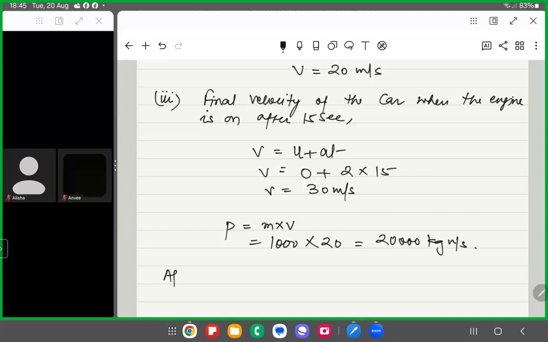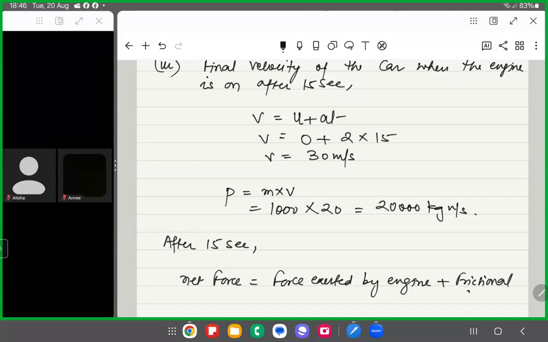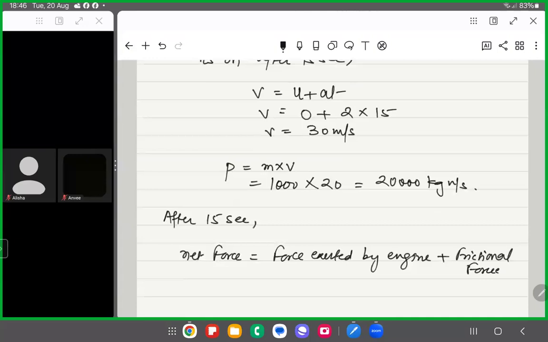Now after 15 seconds, what is happening? After 15 seconds, net force. First, we will find out what are the net forces. Force exerted by the engine plus frictional force, right? Net force is always the sum of all the forces, right? Now, force exerted by the engine is 2000 Newton, right?